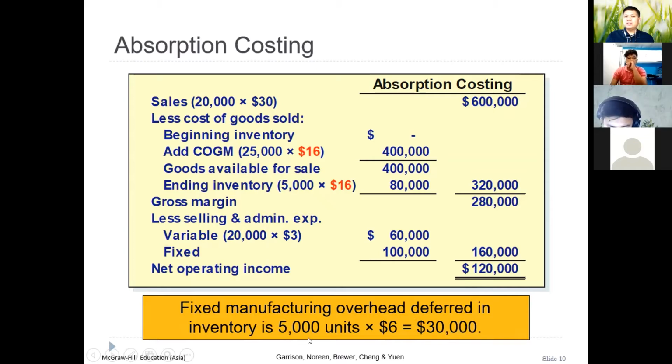Deferred inventory is 5,000 units multiplied by 6, that will be 30,000. Okay, I repeat. Now, this 80,000 includes a fixed manufacturing overhead equivalent to 5,000 units times 6, which is 30,000.